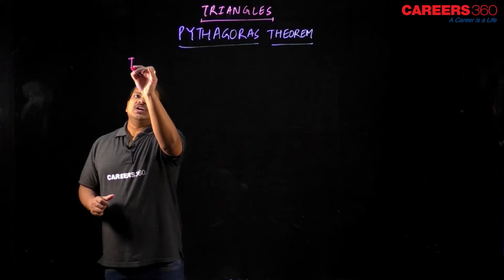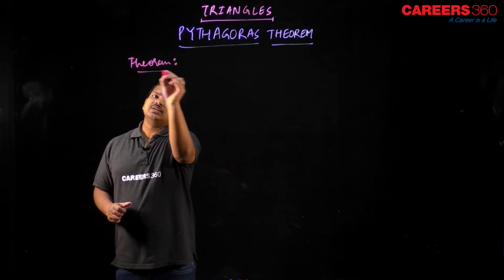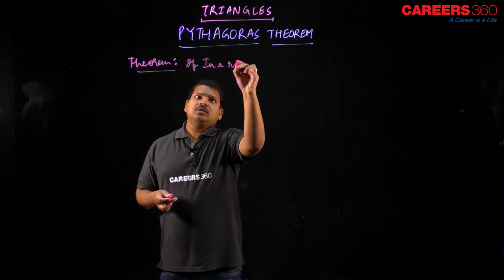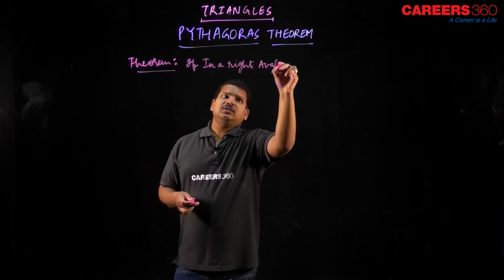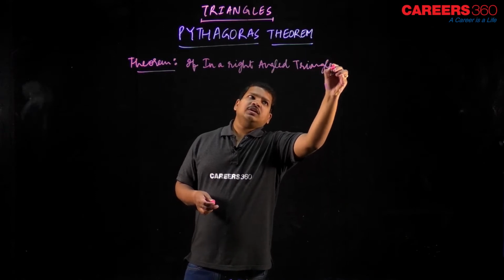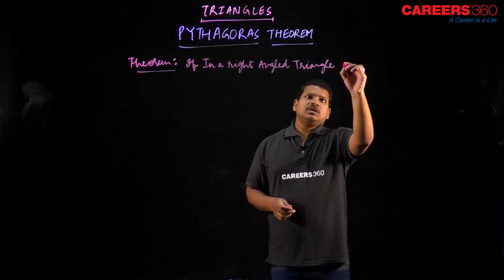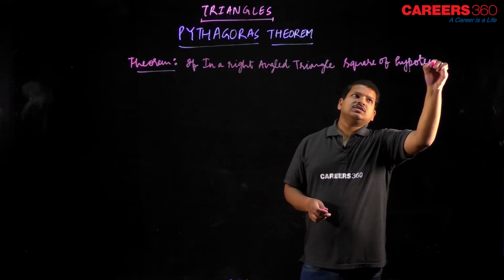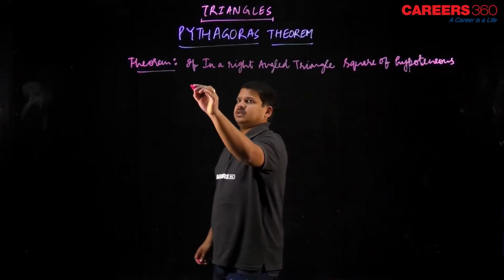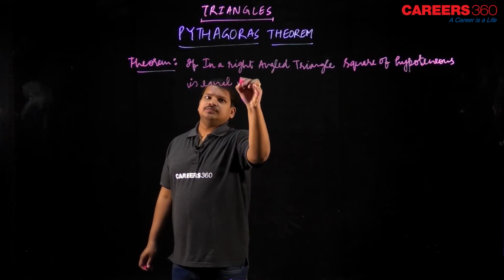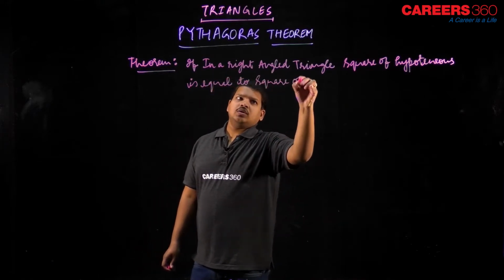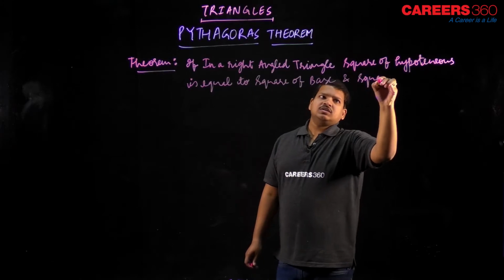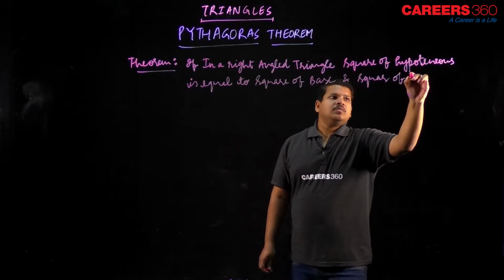So let's start with the theorem itself, that is, if in a right angled triangle, the square of the hypotenuse is equal to the square of the base and the square of the perpendicular.